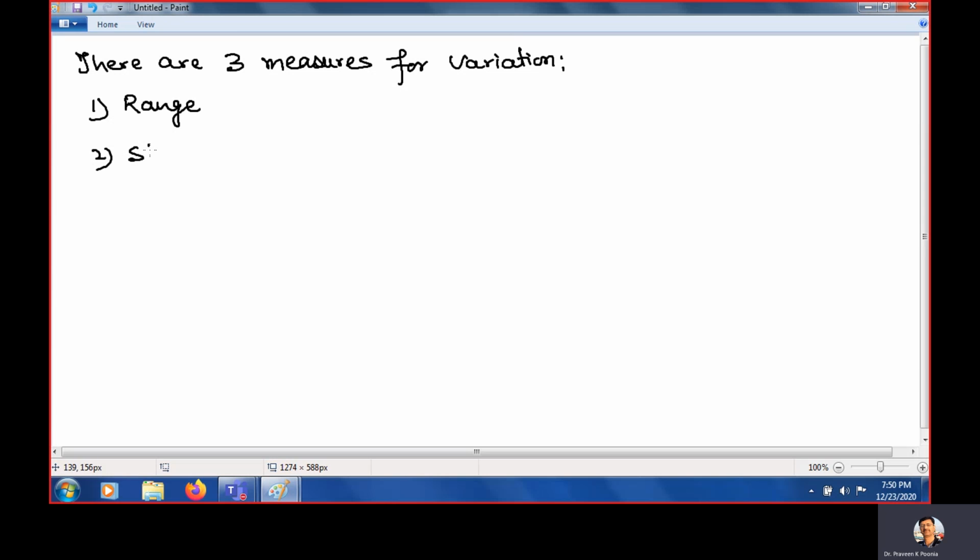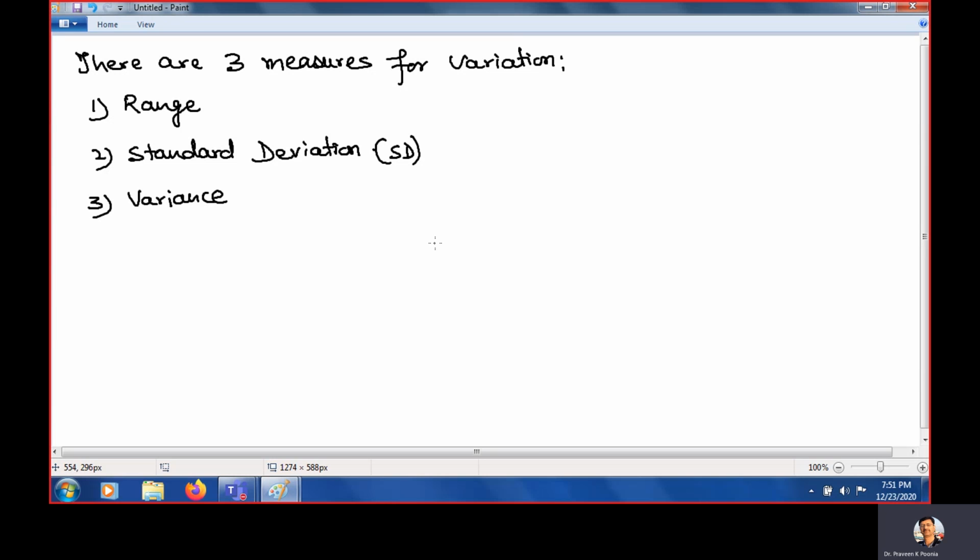The second one is the standard deviation, generally denoted by SD. And the third one is variance. These are the three measures of variation.